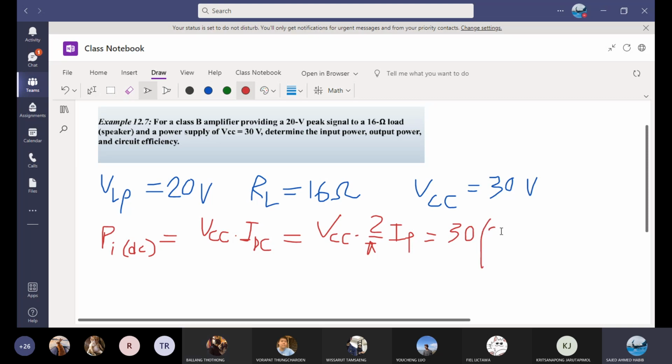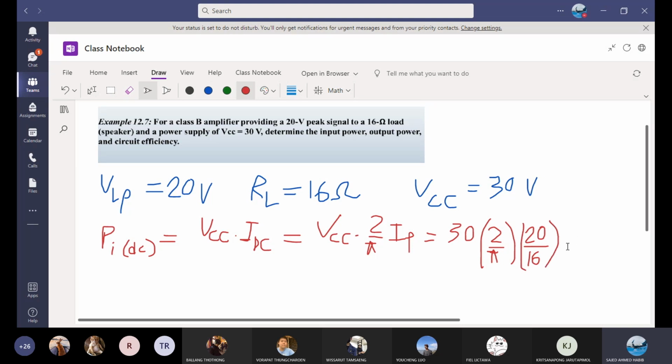Tell me, what is the IP formula? Using Ohm's law, what is IP? You can also look at your slide. It's VL peak divided by RL, so IL peak is this. Simple Ohm's law: 20 volts peak divided by 16 ohm is your peak current IP.